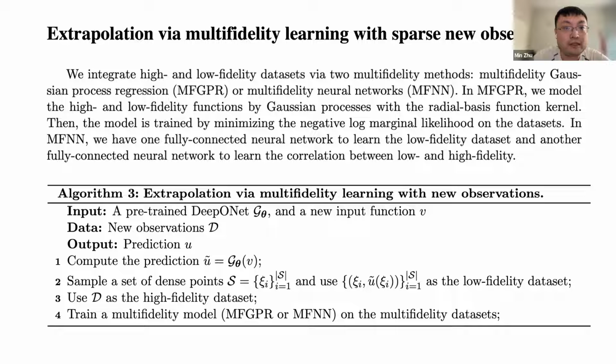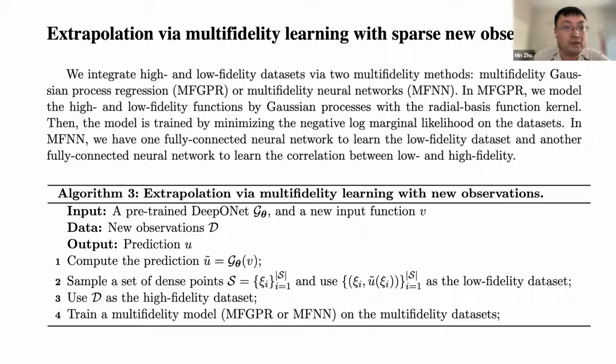We use two multi-fidelity methods: multi-fidelity Gaussian process regression, or MF-GPR, and multi-fidelity neural networks, MFNN. In MF-GPR, we model the high and low fidelity functions by a Gaussian process with RBF kernels.